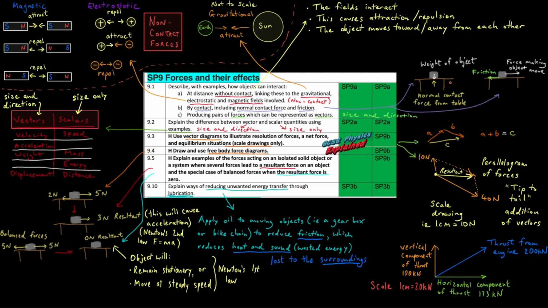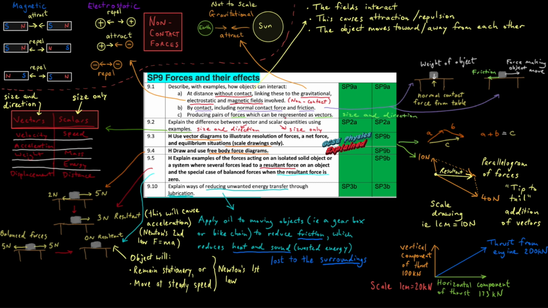For every action there's an equal and opposite reaction. Other contact forces could be friction, which is a force that opposes motion. So this force over here is trying to make the object move that way, and friction is trying to stop it.